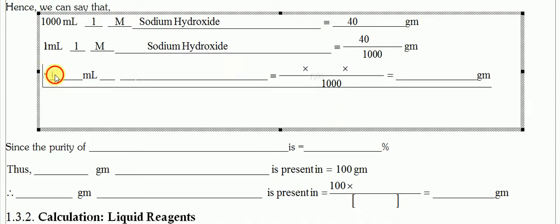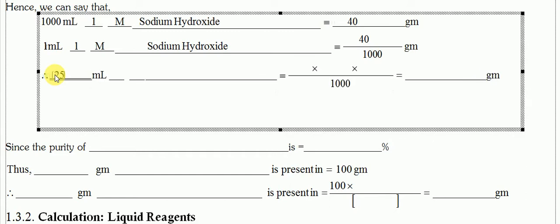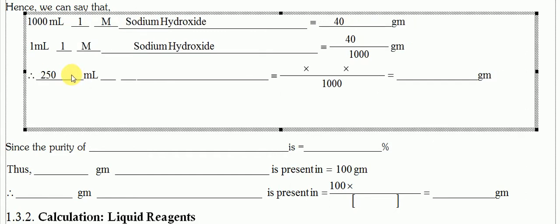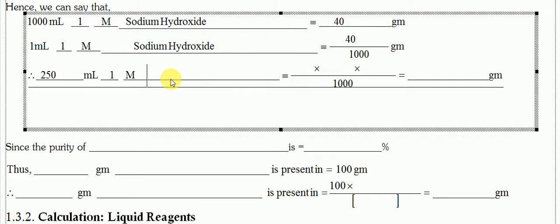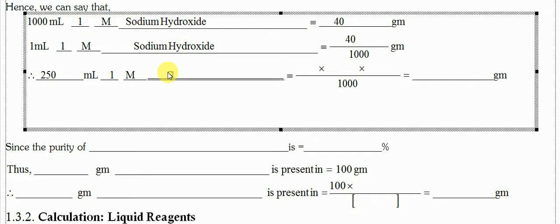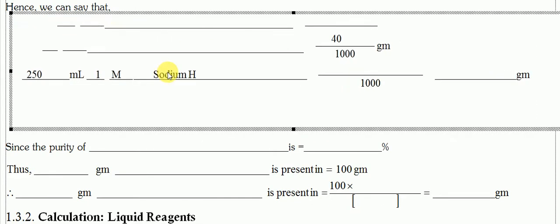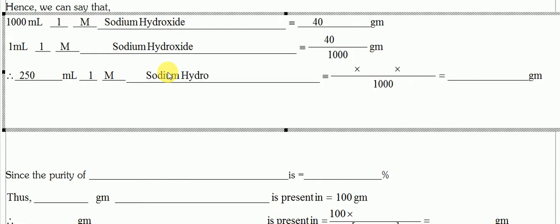And the next line will be 250 ml, that is our intended or required volume. 250 ml 1 molar sodium hydroxide is equal to 40.